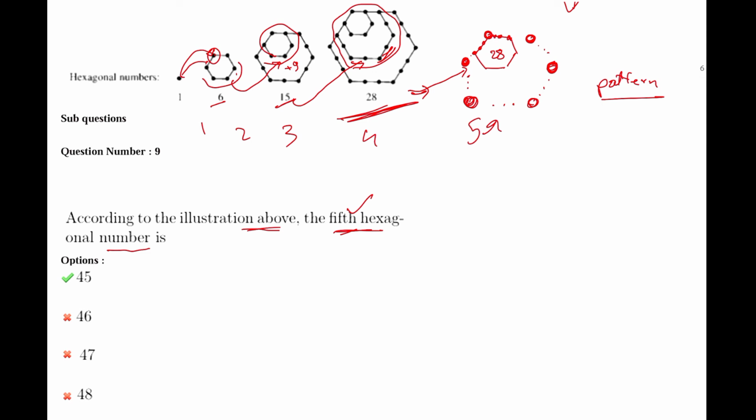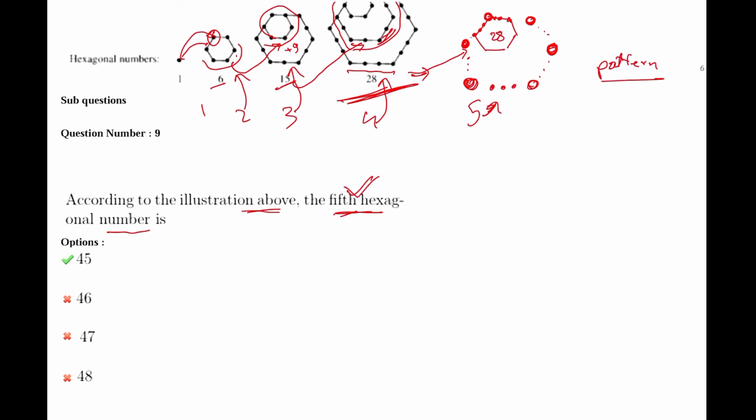So if you see just what I did here, in the fourth there were 4 dots, in the 3 there were 3 dots, in the 2 there were 2 dots, so in the fifth there are 5 dots in the base. So the fifth hexagonal number has how many dots, which is the same number, right? So it has 28 dots here, then it has 1 2 3 4 5 extra dots, 5 extra dots plus 3 dots.